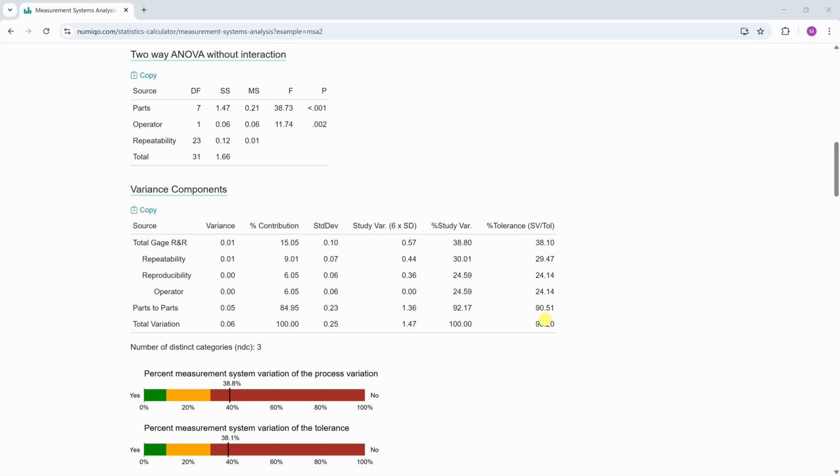But including tolerance is helpful because it tells you how much of the specification window is being consumed by measurement variation. For example, you might see a high percentage in percentage study variation, but if your tolerance is large, the percentage tolerance can still be small, meaning the gauge error is small relative to your specification limits.